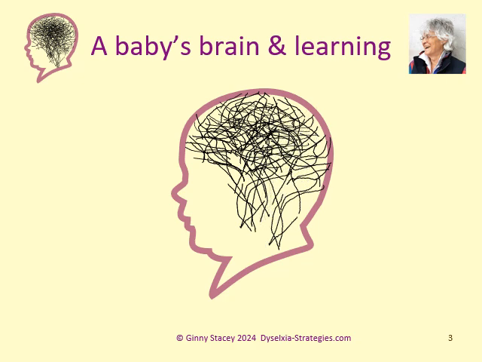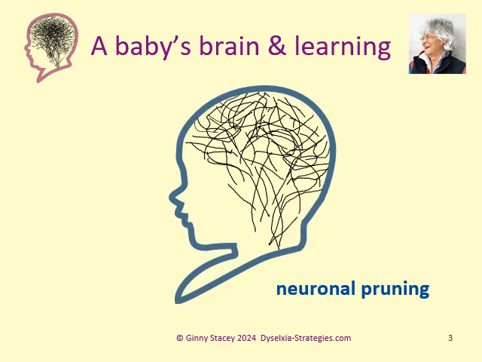And the ones that are not used die out, so that just an effective set of neuron connections are built. And this is neuronal pruning, so that as a child goes through the early years of childhood, a lot of pruning happens as learning is effectively learnt.